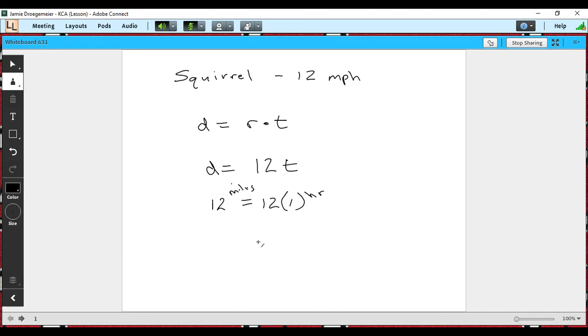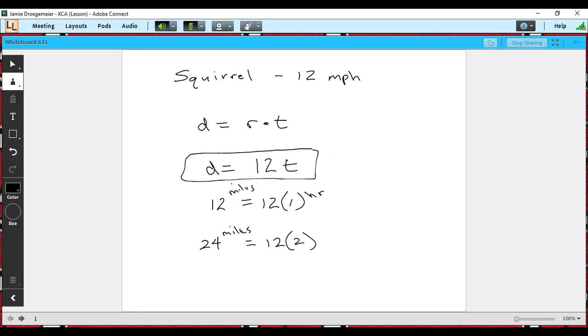If it was 2 hours, 12 times 2 would be 24 miles, and so on. So this equation tells me the relationship between distance and time for the squirrel, knowing that his rate is 12 miles per hour. The rate times the time is going to give me that distance.